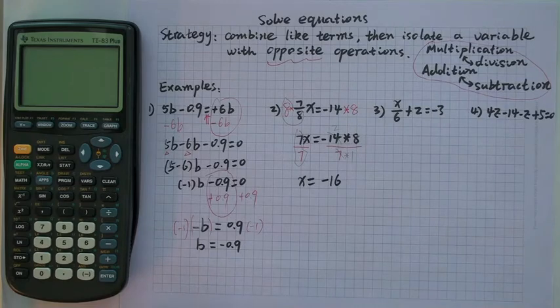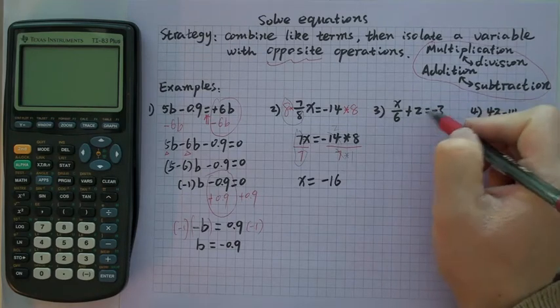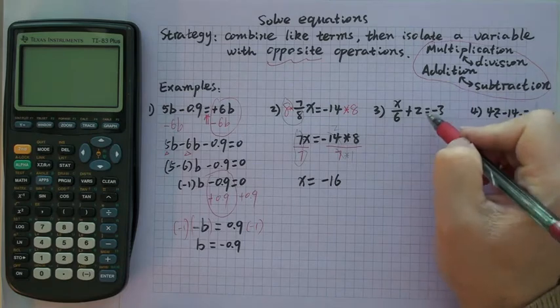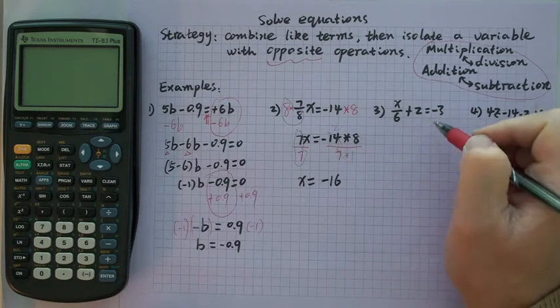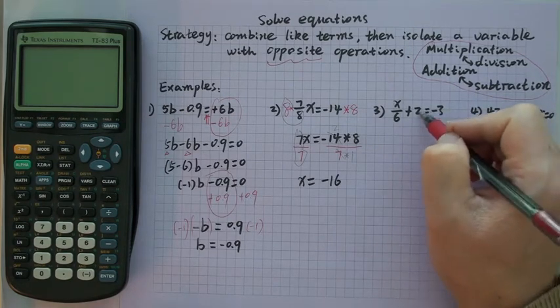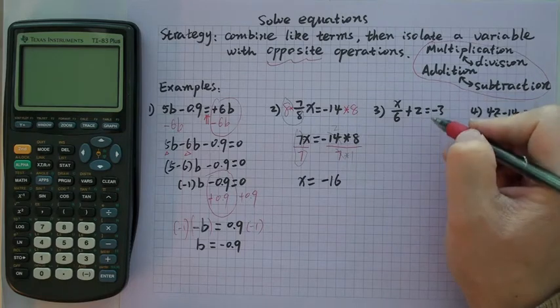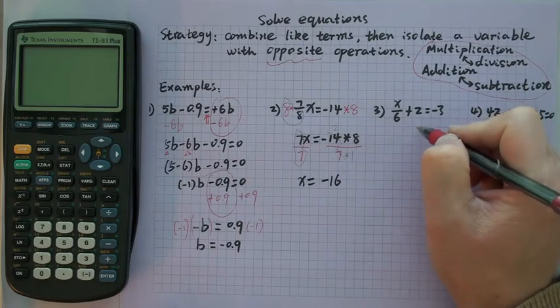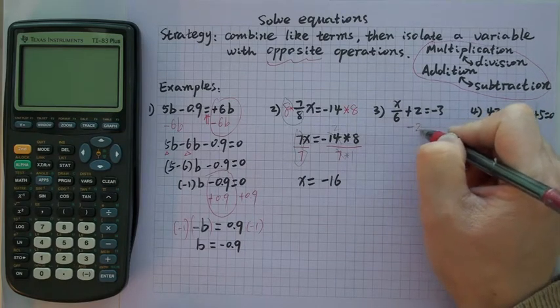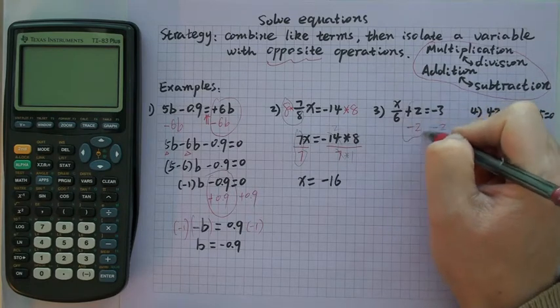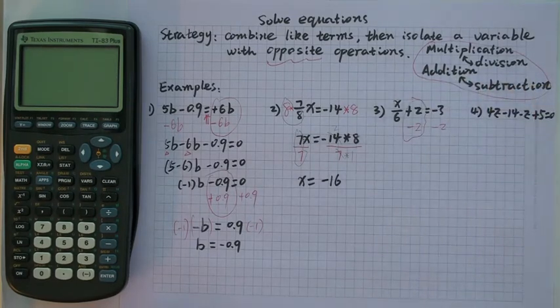The third one, you see there are no like terms to combine. It looks like it, but constants are like terms, and they are on two different sides. You cannot add those two together directly. If they are on different sides, you have to do subtraction first. You cancel that.